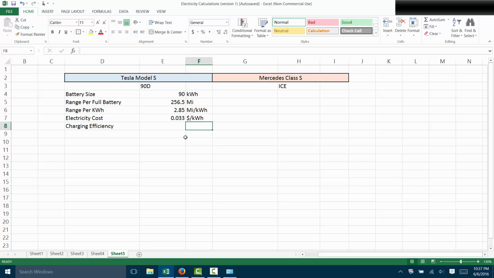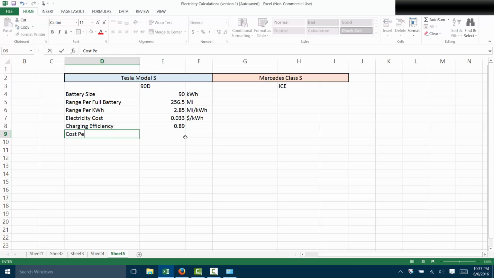When you buy the Tesla, you're also going to be installing an outlet, and not every kilowatt hour that comes out of the wall actually makes it to the battery, if you want to think about it that way. So there is an efficiency loss there, and for the Tesla, I'm going to say that is about 89%, 0.89.